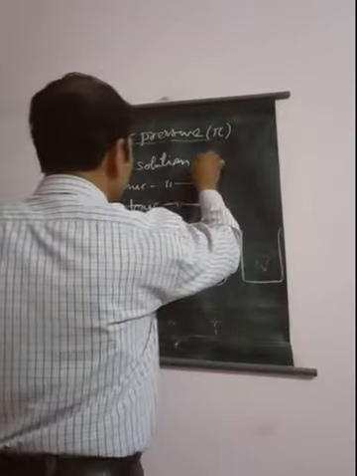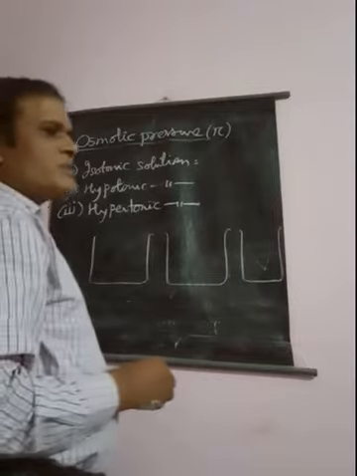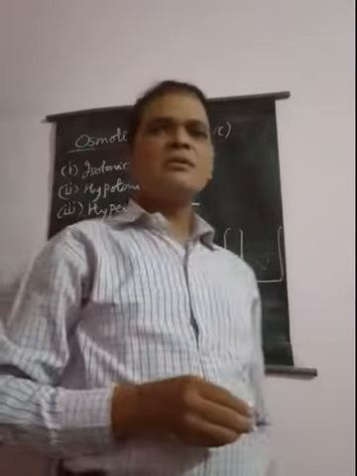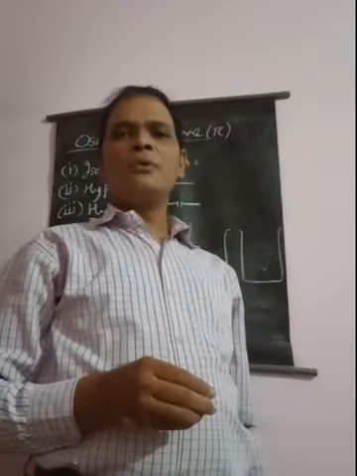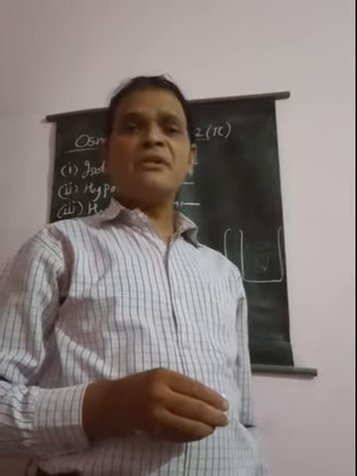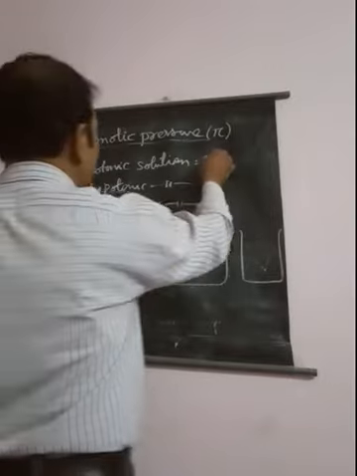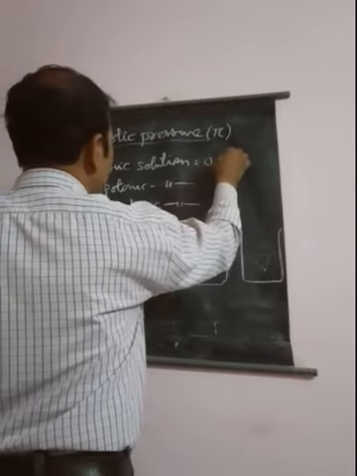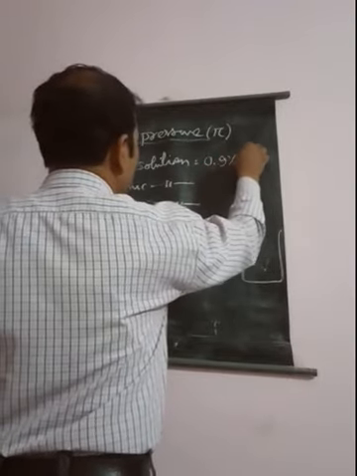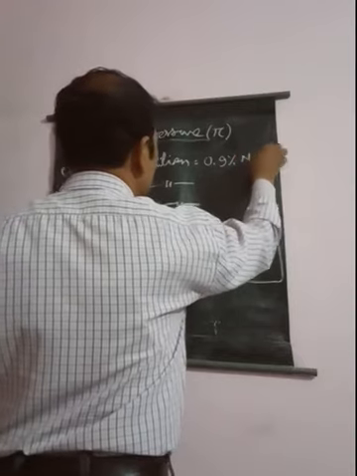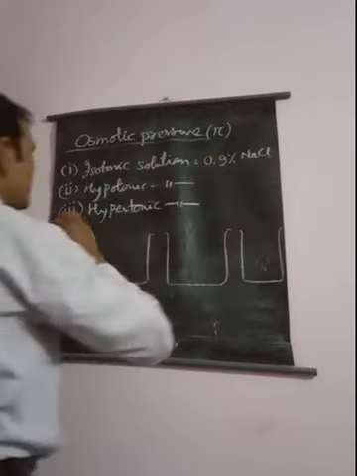The isotonic solution is that solution whose concentration is equal to the concentration of fluid present in the RBCs, meaning red blood cells. So 0.9% mass by mass NaCl solution is known as isotonic solution.